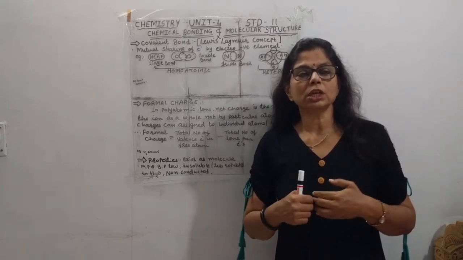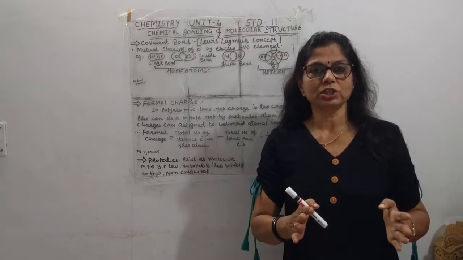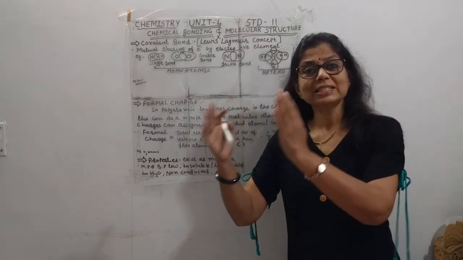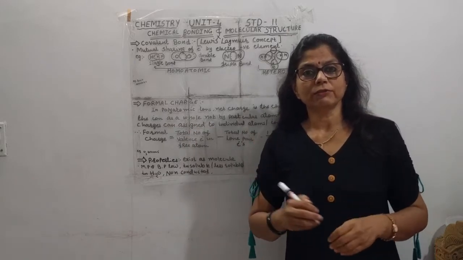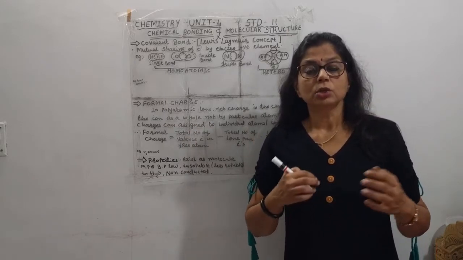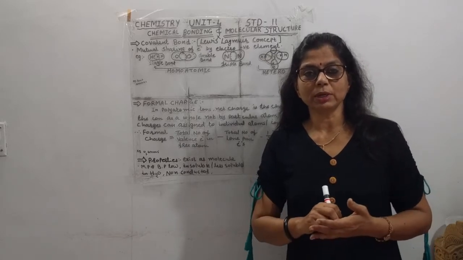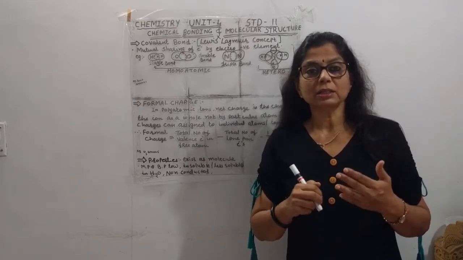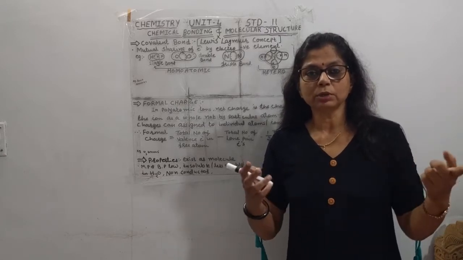Why? Because if I give, I am already an electron deficient element. In the same way, the other one is also an electron deficient element. So we cannot have a give and take relation between us, but we can share the electron because you are needy, I am needy, both are needy.